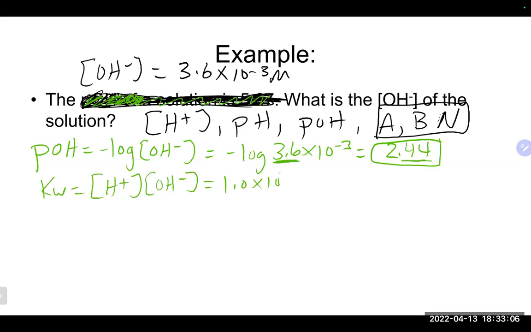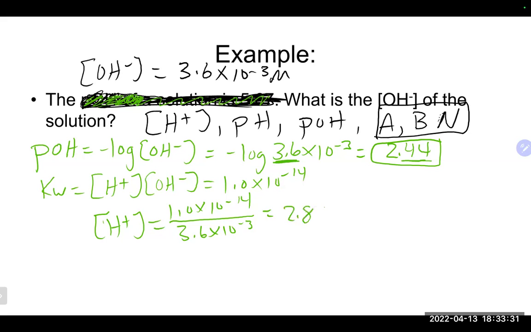But just to remind us of some of the other calculations we did, our H plus concentration then would be 1 times 10 to the minus 14 divided by 3.6 times 10 to the minus 3. And again, making sure you use your exponent buttons like we talked about. That gives us 2.8 times 10 to the minus 12 molar as our H plus concentration.